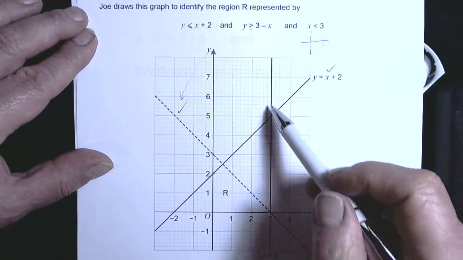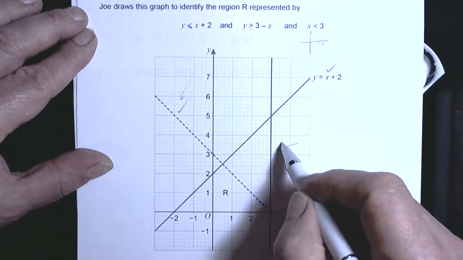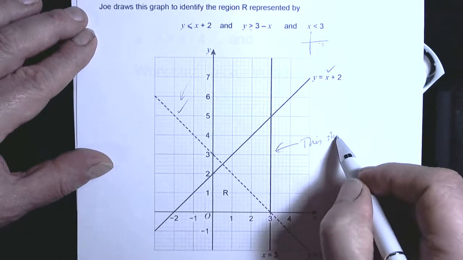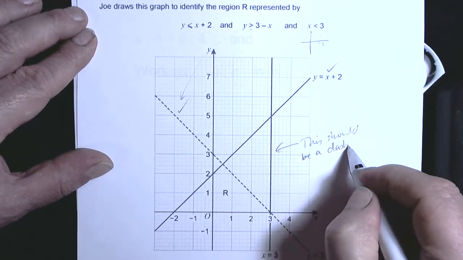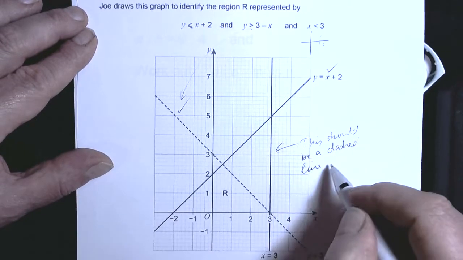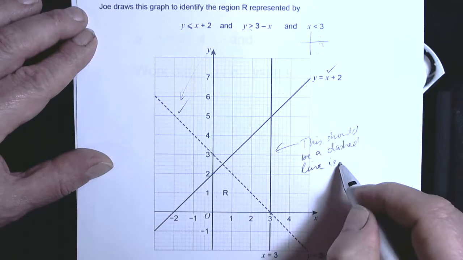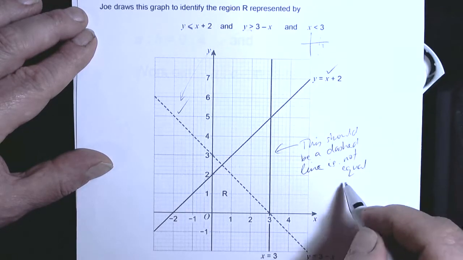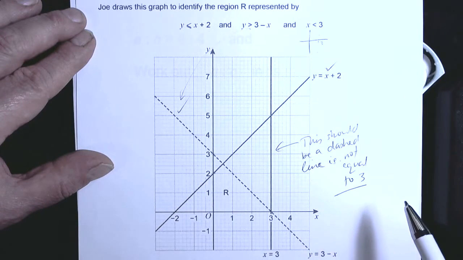It's saying it includes 3, and this does not include 3, so this should be a dashed line. So basically the first criticism would be this should be a dashed line, as x is not equal to 3. Okay, so that's the first criticism.